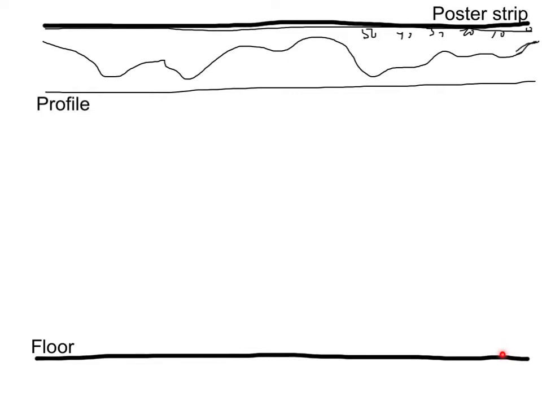We've flipped things upside down, and the floor actually represents the orbit of the spacecraft, and that tack strip for putting up posters in the hallway represents some basement part of Mars.